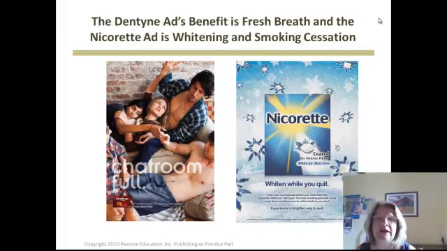The benefit is fresh breath. So the one on the left presents fresh breath. And the Nicorette ad is whitening and smoking cessation.